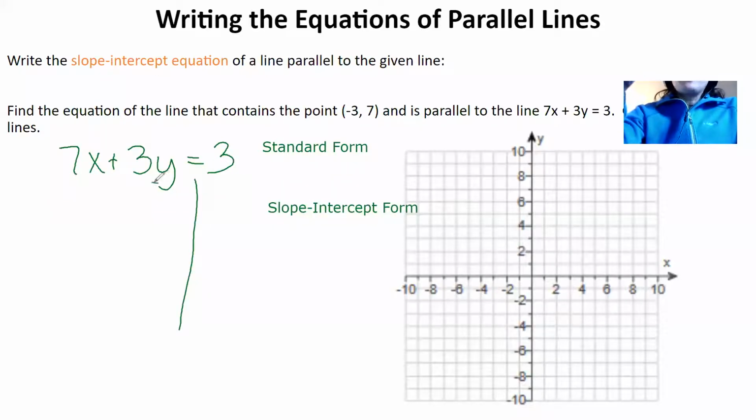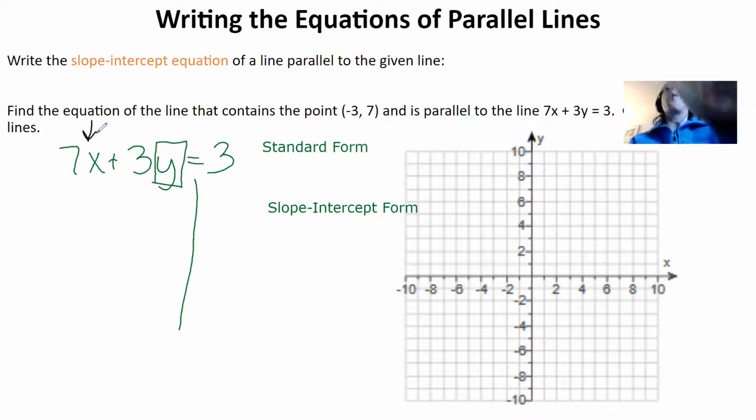is to get that y by itself, we have to move over the 7x. Because right now we have a positive 7x on the left side, and we want to get rid of it because we want that y by itself, because that is what slope-intercept form is. It's y equals mx plus b.